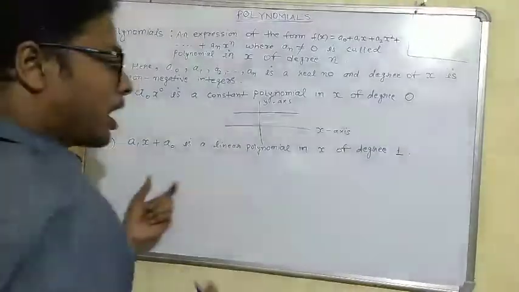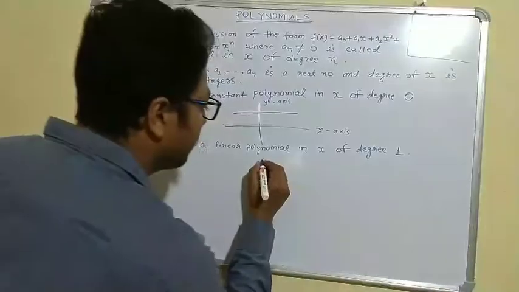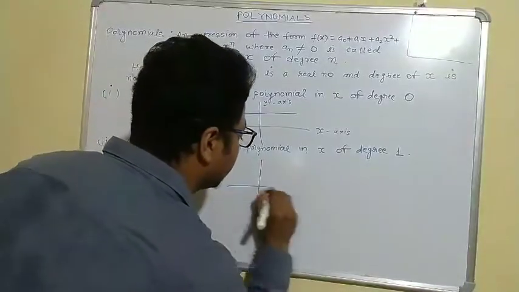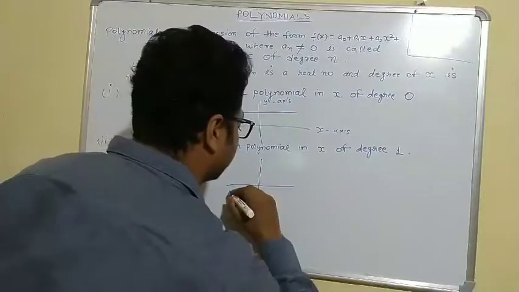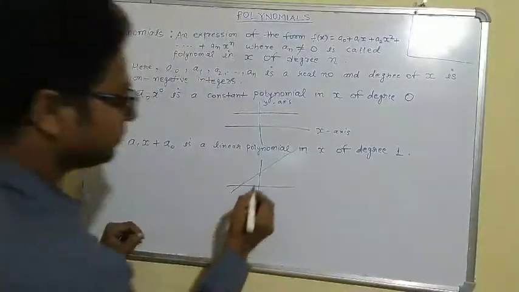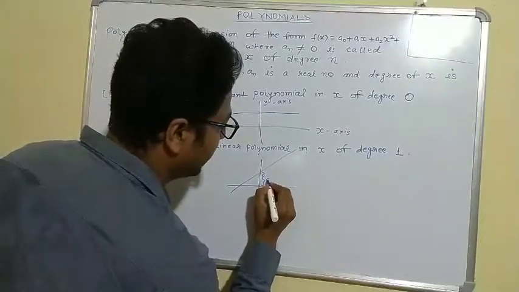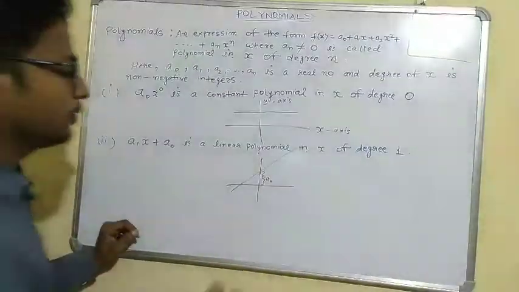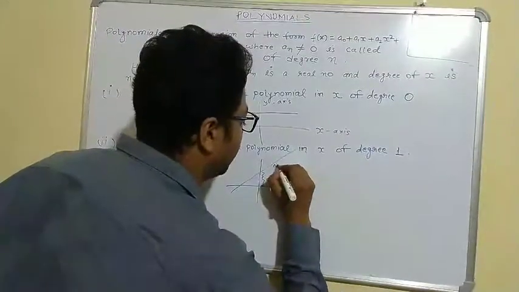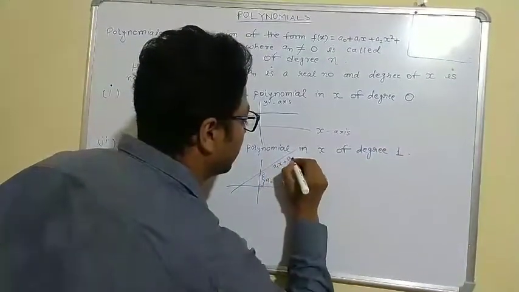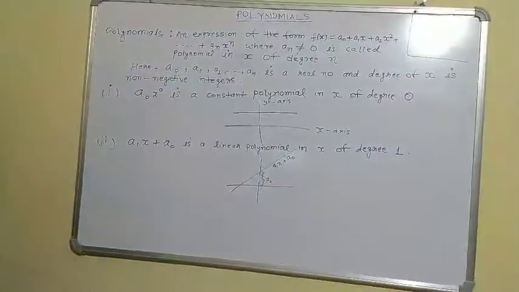If we draw the graph of this polynomial, it will be like this. Here a naught is a constant value, and this is the graph of a1x plus a naught.